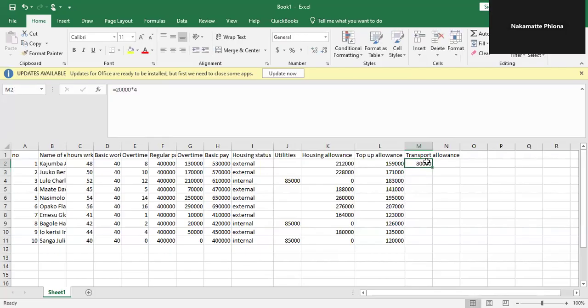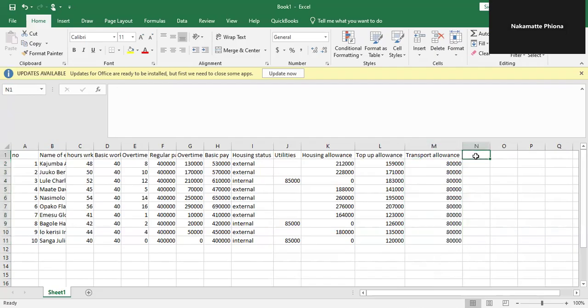Enter. For all employees, so here is our allowance. Let us have gross pay, or gross wage, because it is basic pay plus all allowances.